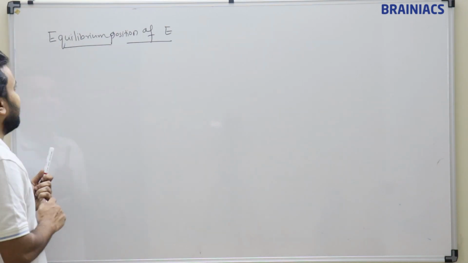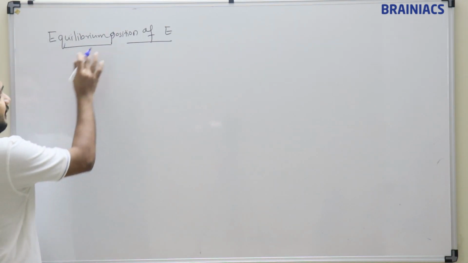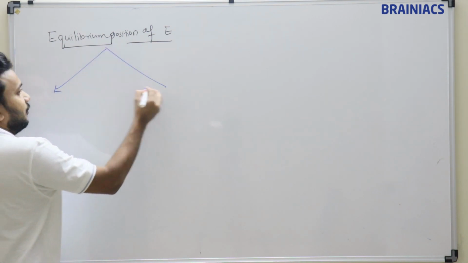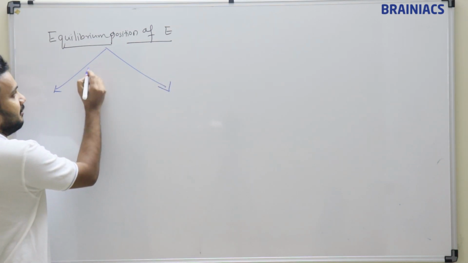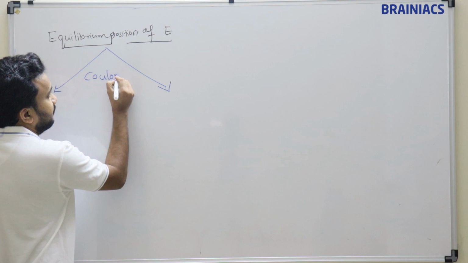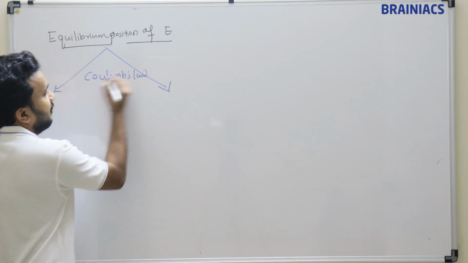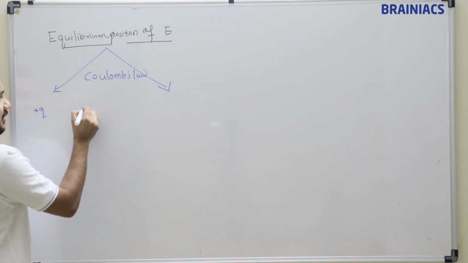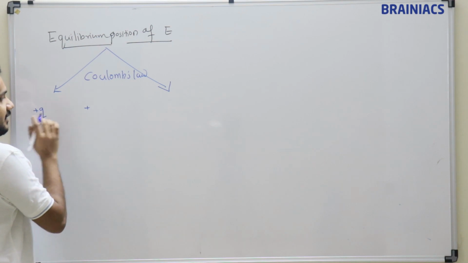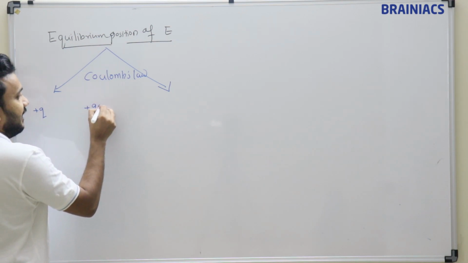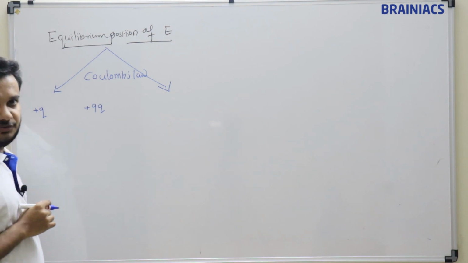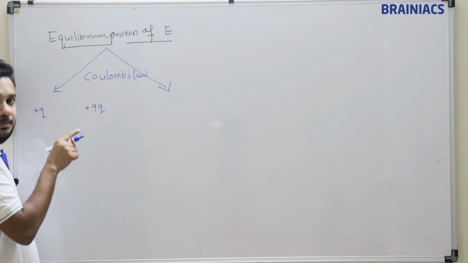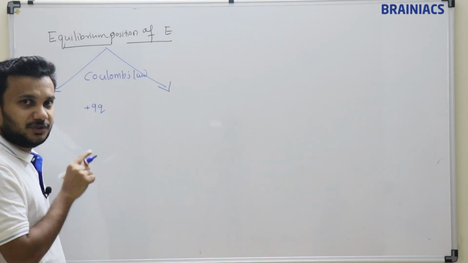So let's first recollect. In the case of equilibrium points, we learned two concepts in Coulomb's law. If we have two positive charges placed, as an example plus q and plus 9q, then where will be the equilibrium position for the third charge?